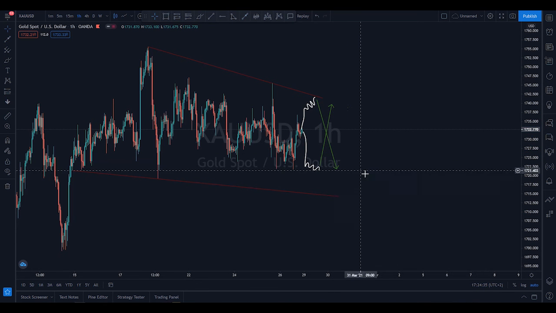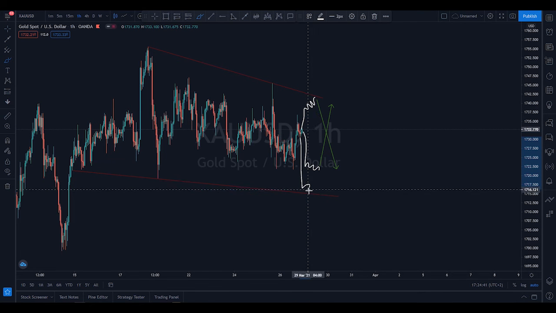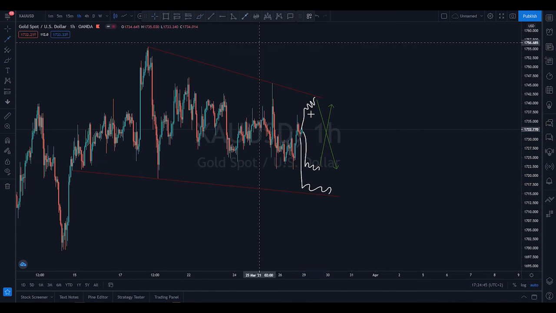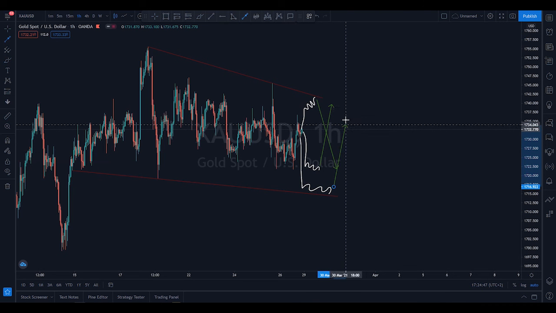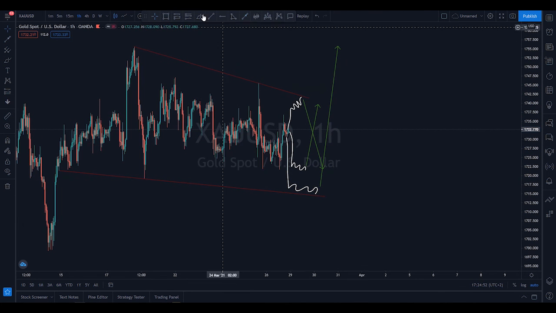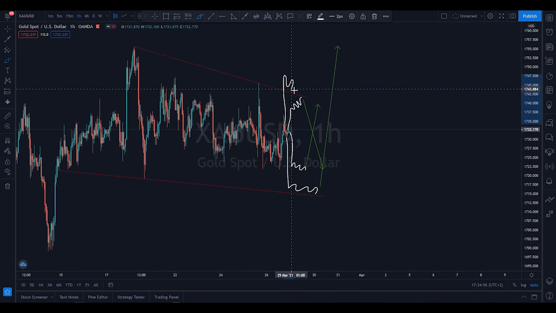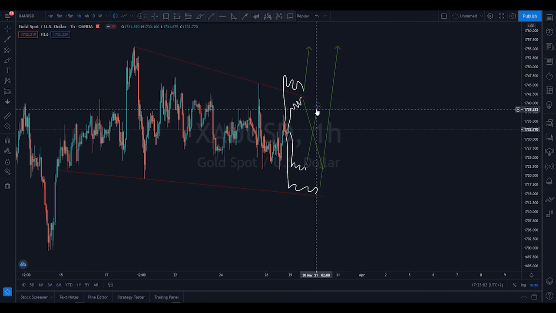There are many ways it can happen. It can drop down here, do that kind of correction, and then go up until it gets there. Or lastly, it can break out there, correct to the downside, and then go to the upside. So there are actually 4 ways that it can happen.